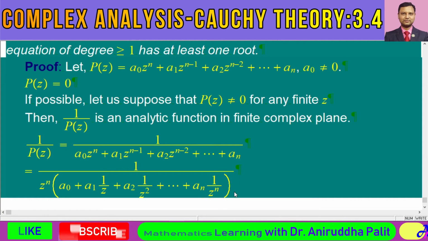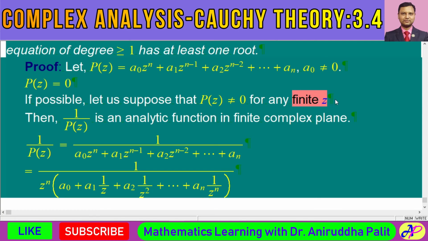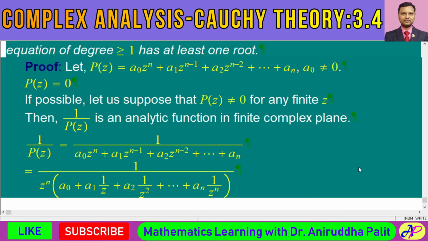Now if we take the limit z tending to infinity, z is a finite complex number, fine, that means z is not equal to infinity, but we can take the limit as z tending to infinity.